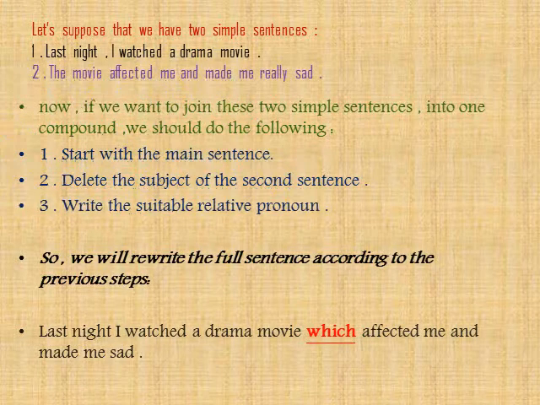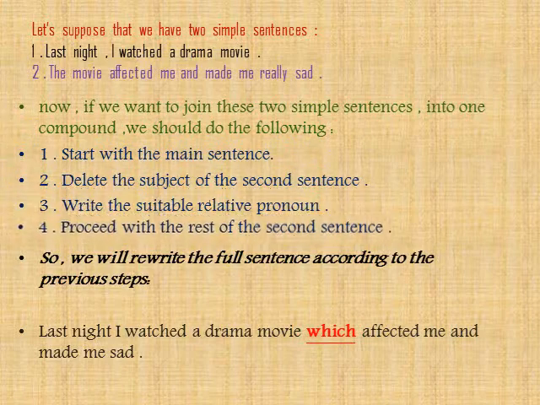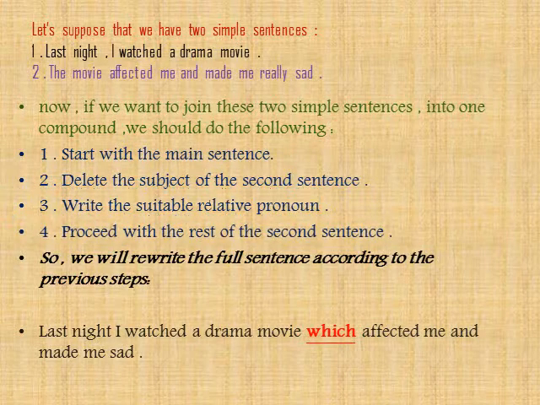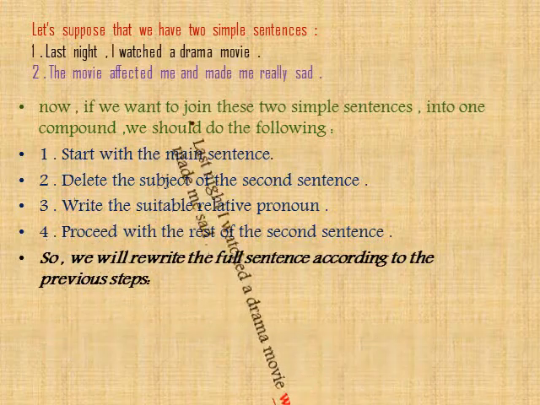Thirdly, write the suitable relative pronoun, and this means about what you are talking about: a person, an object, a place, a time, etc. Finally, proceed with the rest of the second sentence. At the end, we will rewrite the full sentence according to the previous steps.